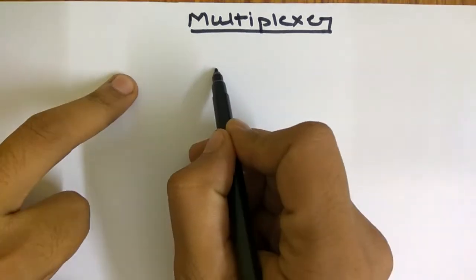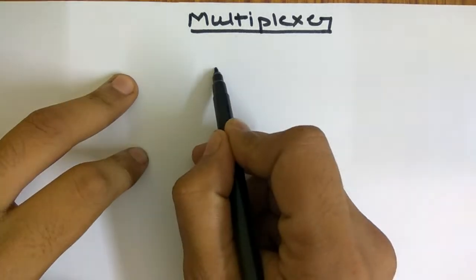The multiplexer is a combinational circuit which contains multiple inputs and a single output. Based on the selection lines, the inputs are selected and transferred to the output.